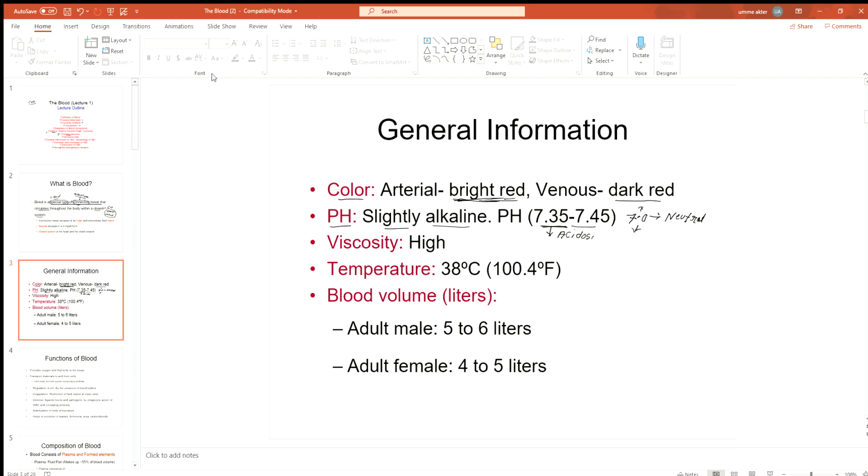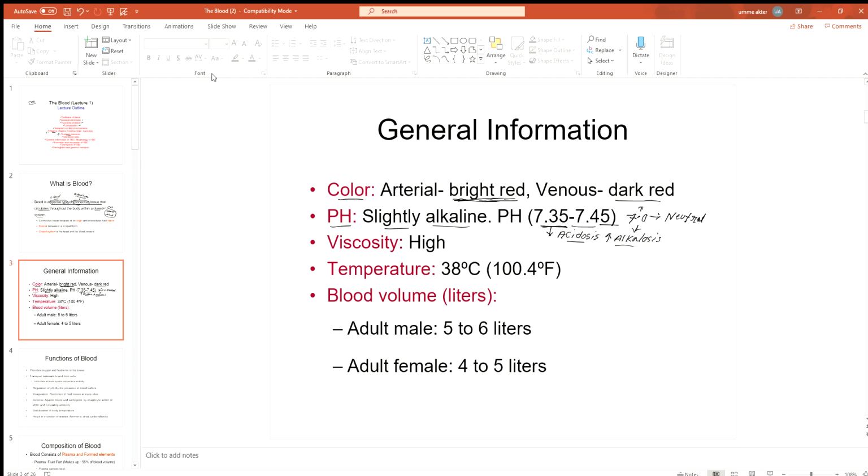Right? If pH goes above 7.45, that would be termed as alkalosis. So now you understand that the pH of blood should always be between this narrow range, and it is safe.